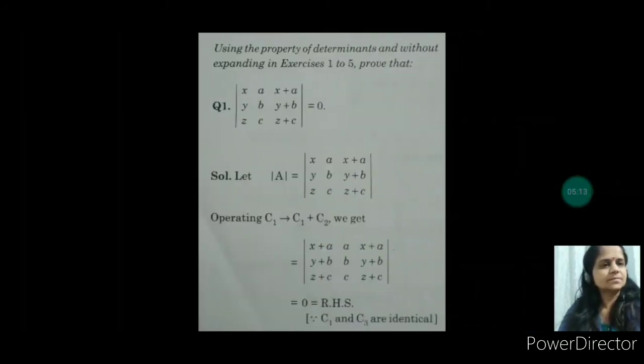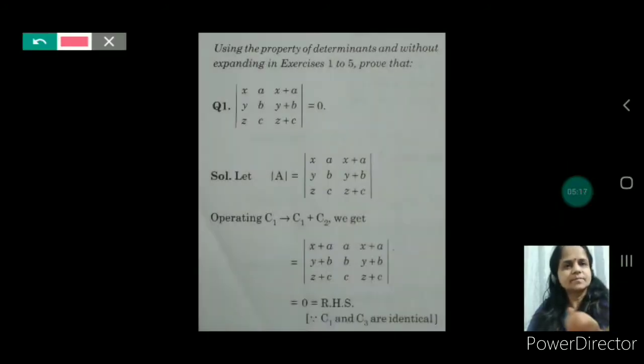Question first. Using the properties of determinants and without expanding, in exercises 1 to 5 prove that... we can't expand the determinant. Okay students, question number 1. Let this be the given determinant.